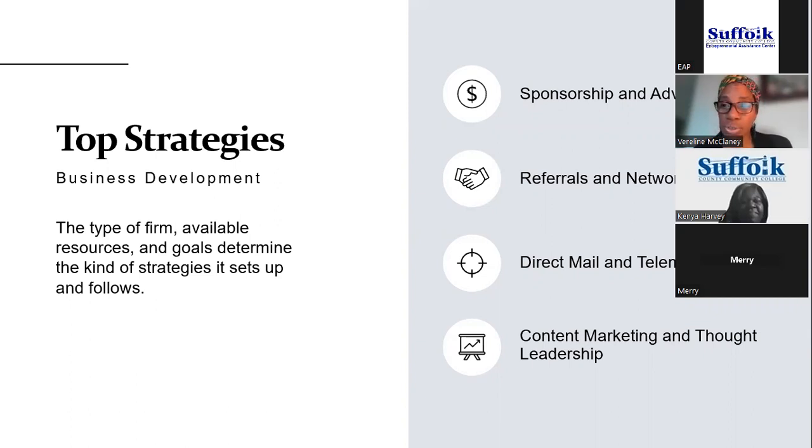So some of the top strategies are sponsorship and advertising. The second is referrals and networking. And then we have direct mail and telemarketing. And last is content marketing and thought leadership.